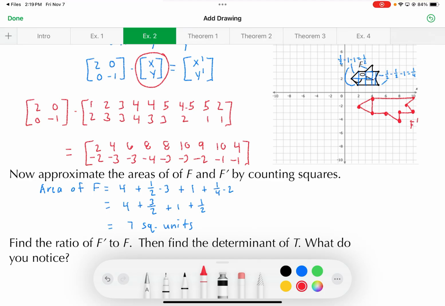So we'll start with the full squares first. One, 2, 3, 4, 5, 6, 7, 8, 9, 10 of those. Okay, I'm going to create a couple triangles here.